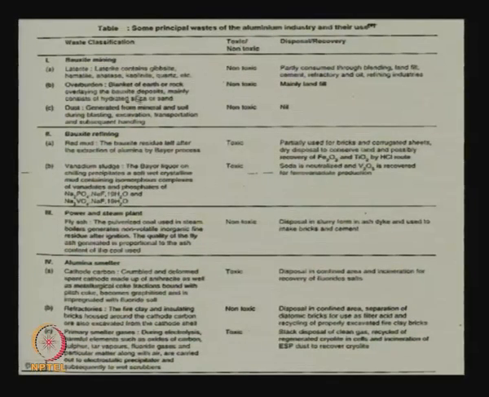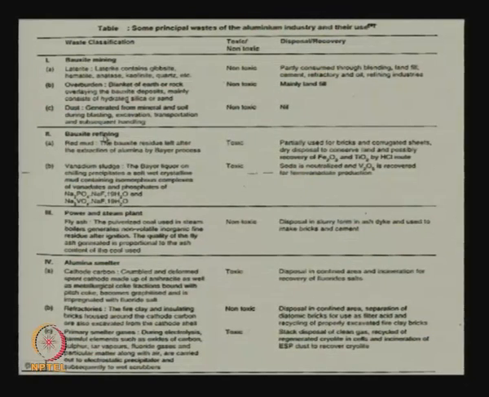All these are coming from bauxite mining. Fortunately, they are non-toxic, meaning they would give respiratory problems and other problems, but no serious health damages. They can be partly consumed through blending, landfilling they can use, they go for cement making, refractory, oil and refining industries, etc. Mostly landfilling we can use all that.